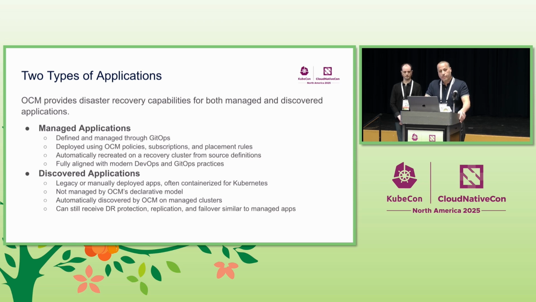For discovered applications, however, all the resources that belong to that application are backed up to an object store by Raman, right? So when a failover occurs, all of those resources are restored as well. Not only the PVs, but those resources as well. Okay.